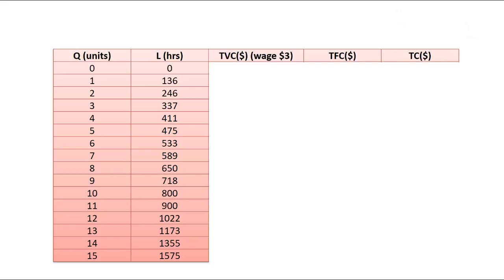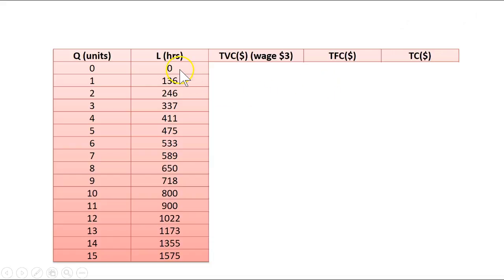In this case, it's capital. So we have fixed costs and variable costs, indicating we must be operating in the short run. If we look there, we can see our firm could increase the amount of output, but in order to do so, it will have to employ more and more labour, measured in hours.